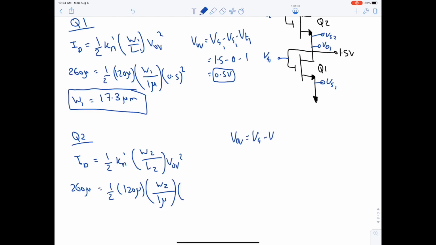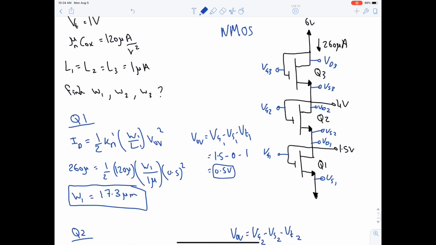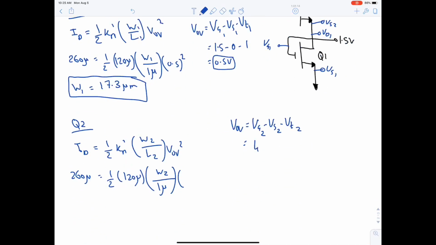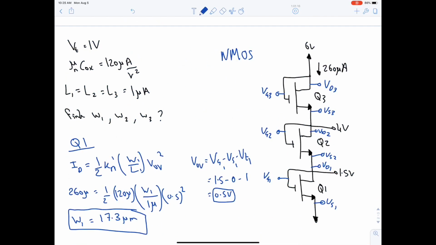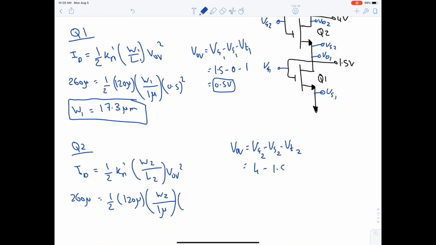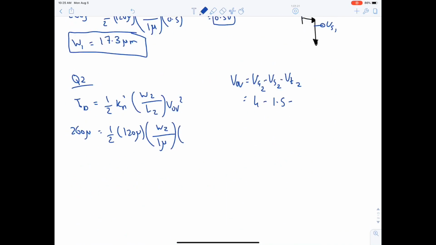VG minus VS minus VT: VG2 is 4, S2 is 1.5, and T2 is 1. The answer is 1.5 volt. So 1.5 squared, W2 is equal to 1.93 micrometer.